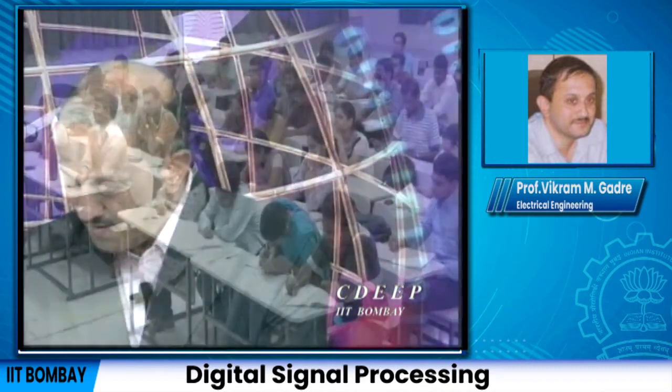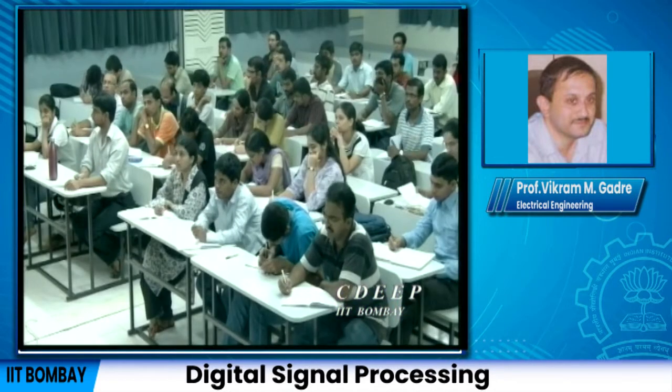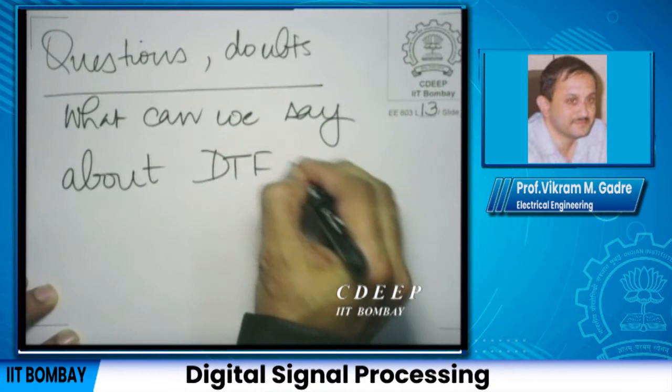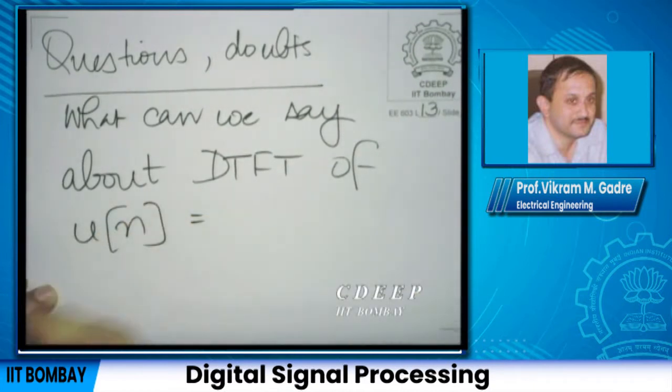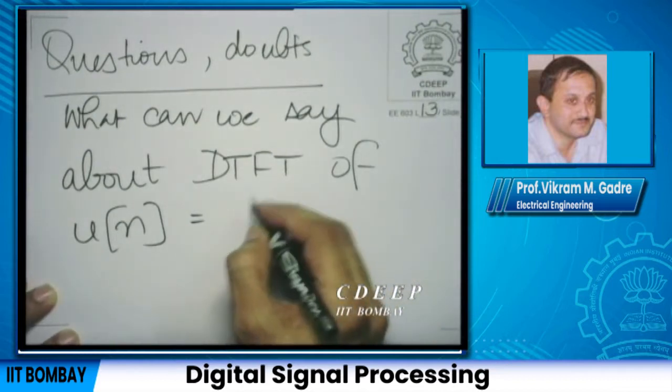So, the question is, what can we say about the discrete time Fourier transform? What can we say about the DTFT of u[n]? The sequence u[n] is very important in discrete time signal processing.